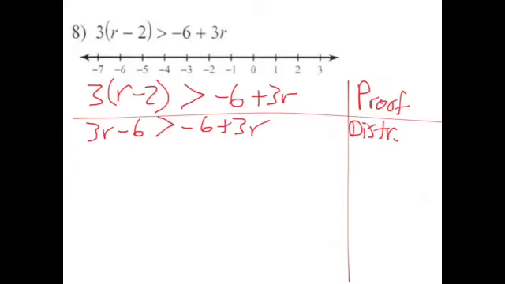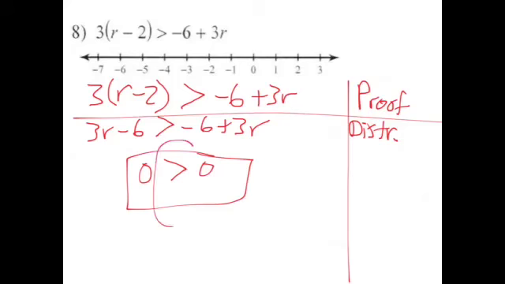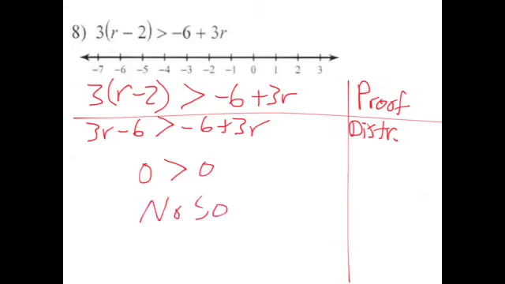And when you have that and you look at your statement here, decide if that's true. Is 0 greater than 0? Some of you might think, no, it is not, because that says strictly greater than, not greater than or equal to, and so this one is going to have no solution.